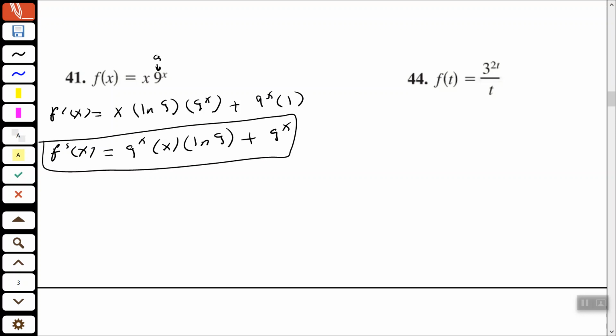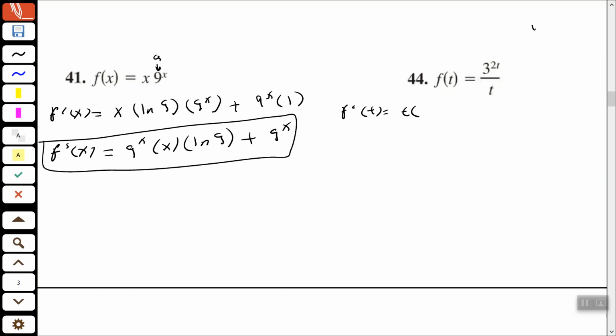All right, number 44, we have f of t equals 3 to the power of 2t over t. So here, I'm going to use my quotient rule to find my derivative. Low d high minus high d low over low low. So f prime of t, low, so t times the derivative of 3 to the 2t. Well, let's come over here.